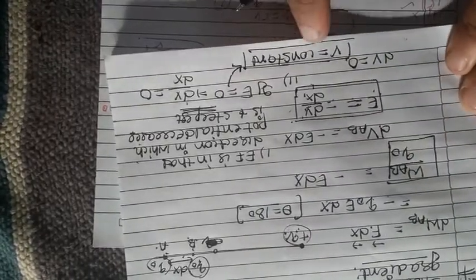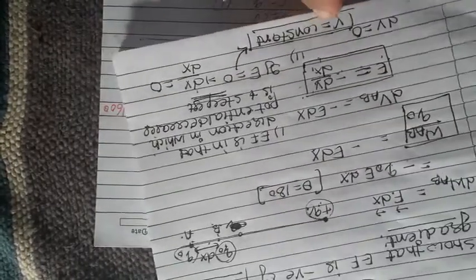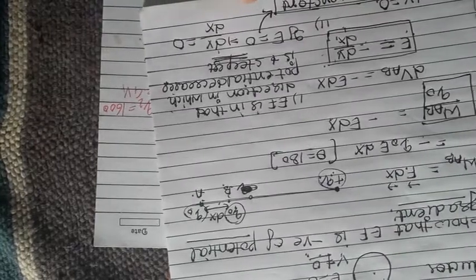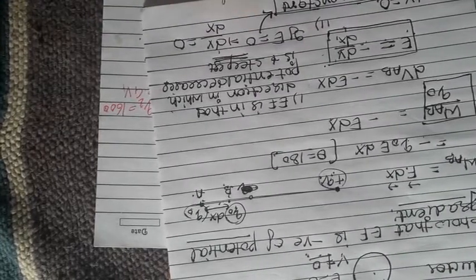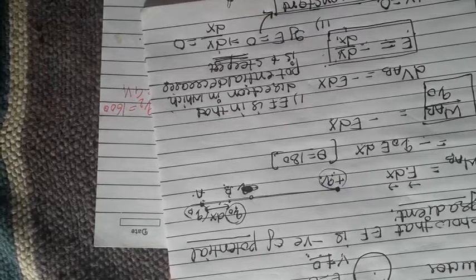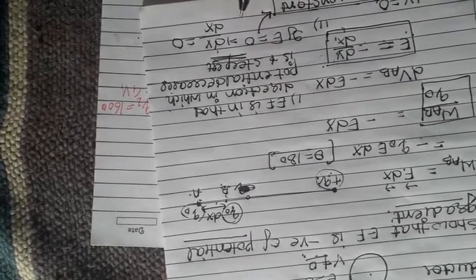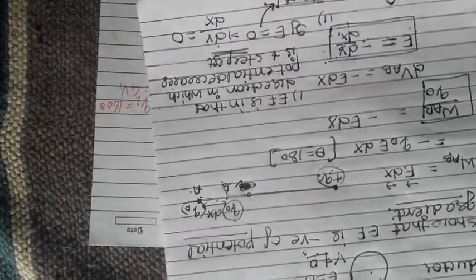That constant region is called, my next topic, equipotential surface. As the name implies, equipotential, it means the potential is same at every point. So let us discuss next, that is called equipotential surface.